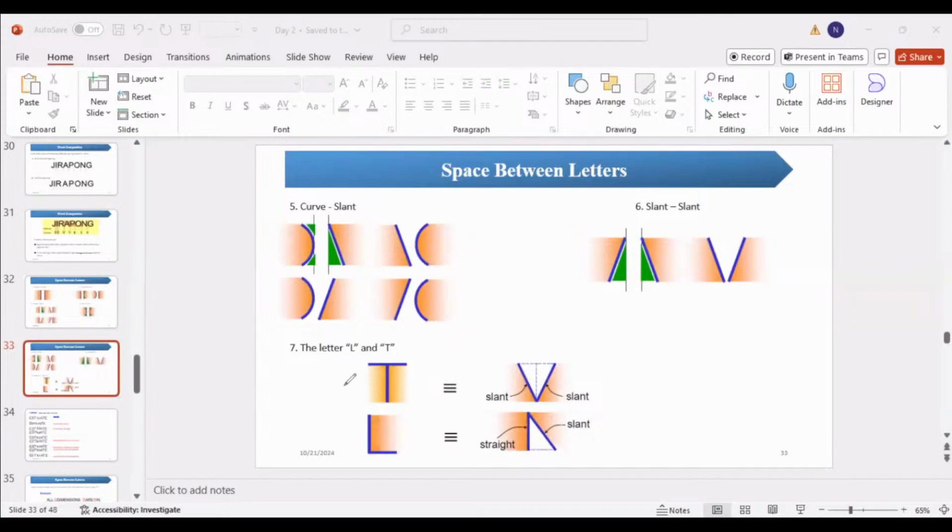So those are the spacings for the letters. This shows the space allowed for a letter. So when you draw the T and L, let's see here.